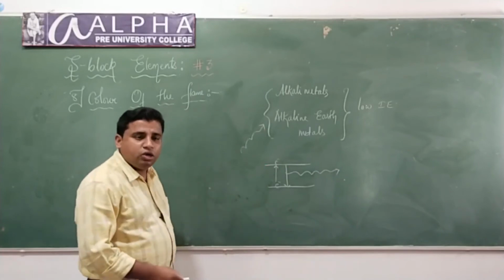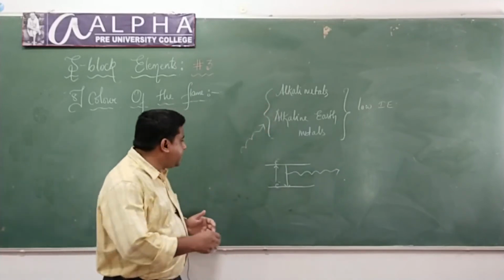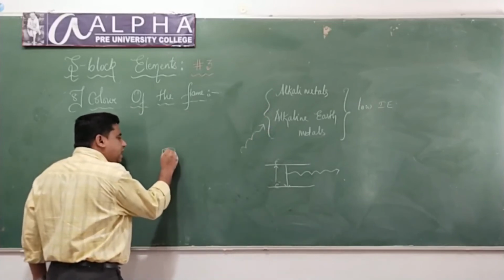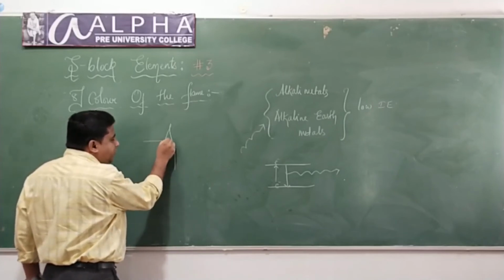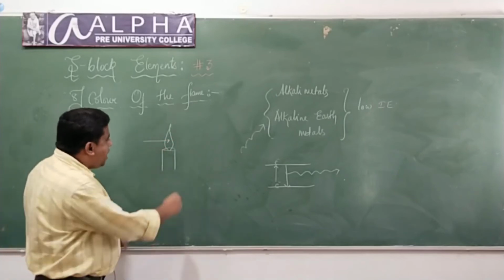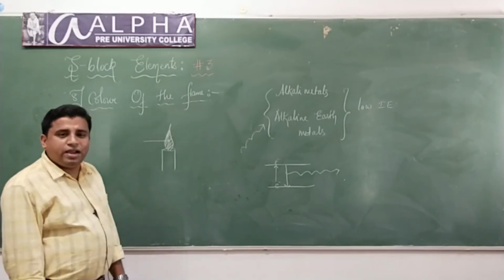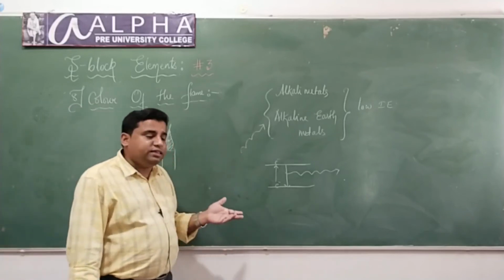That is why when alkali metals and alkaline earth metals are introduced to a flame, even a candle flame, they impart color to the flame. Are you getting my point? They have low ionization enthalpy.